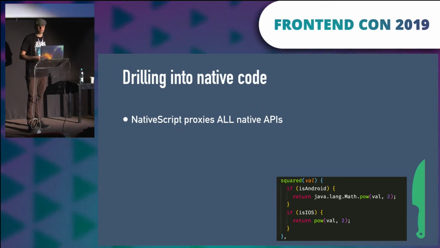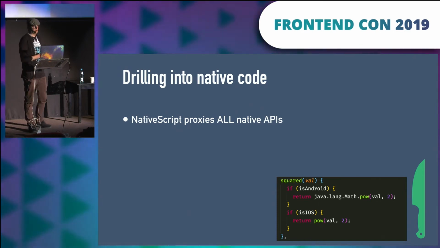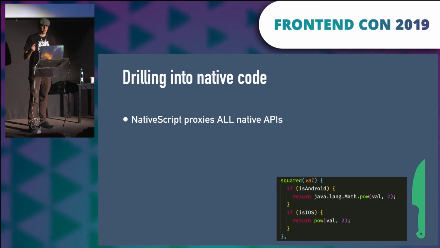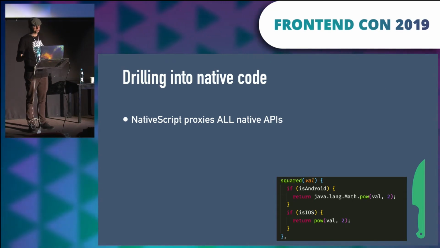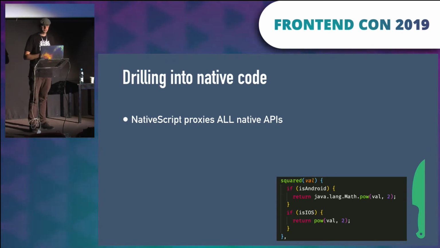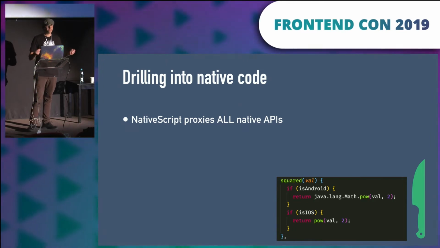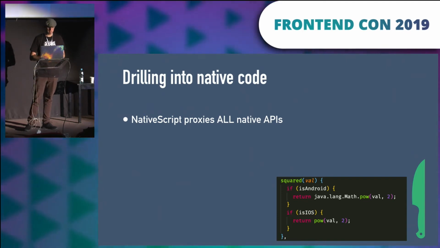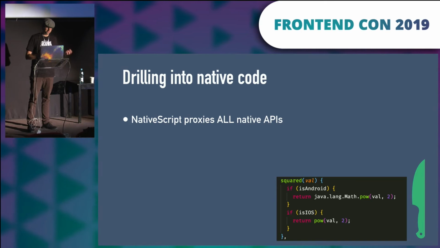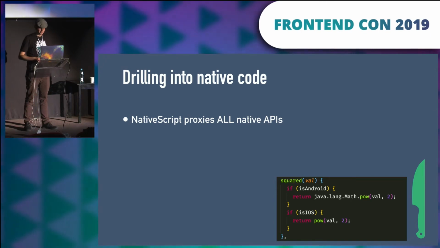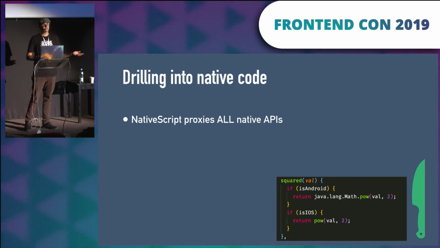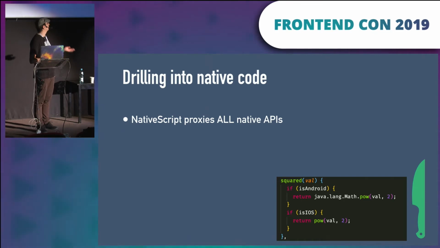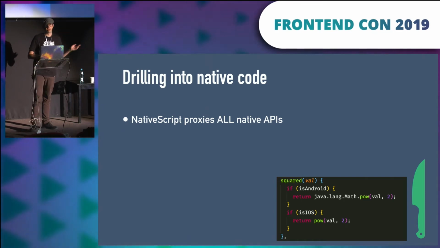But it actually does much more than that, because on Java and Objective-C, you have things like objects and structs and enums and functions and methods. But NativeScript makes this translation. It's called marshalling, and does this very well. It's awesome.